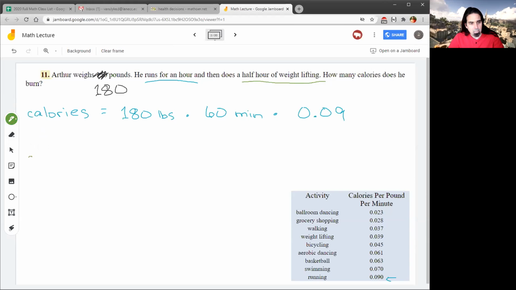The weightlifting, he hasn't changed any weight. It's half an hour, so only 30 minutes. And the weightlifting is 0.039.